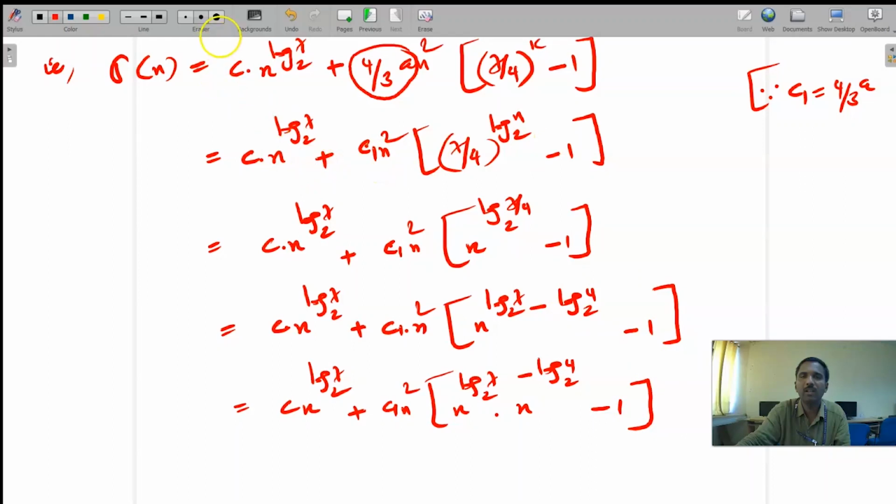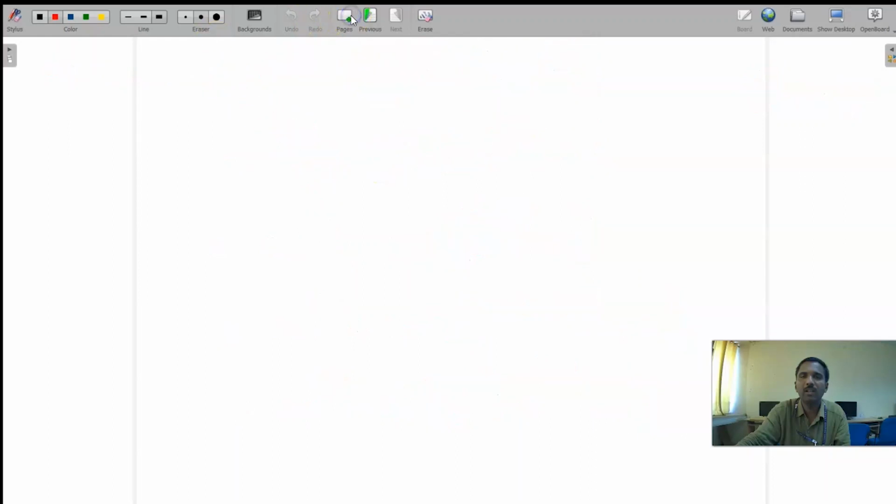Simplifying one more stage, the left hand side is t of n.